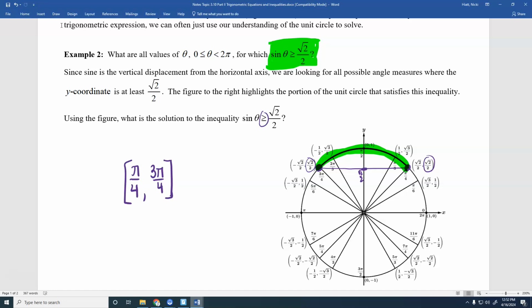Very similar to what we've already been doing, except you're going to have a range of answers instead of just the two answers that were given. Like if this was an equal sign, pi over 4 and 3 pi over 4 would be our answers, right? Whenever it's an inequality, those are going to be the endpoints of our range right there.